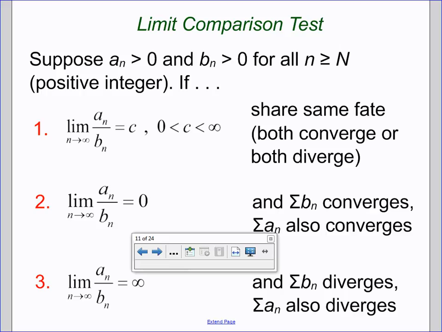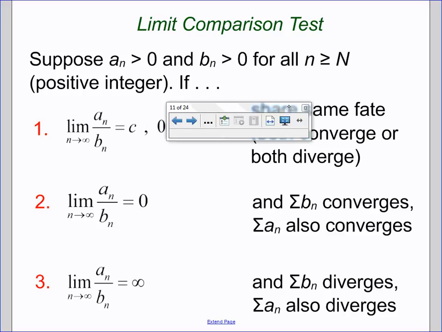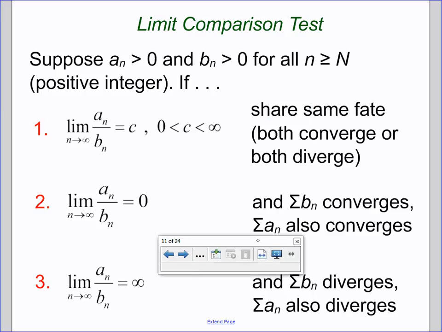If the integral diverges, then the series diverges. And if the integral converges, then the series converges. If the limit gives us 0, and that bottom one converges, then we know the top one converges as well. Versus if the limit gives us infinity and that bottom one diverges, then we know the top one diverges as well. Really, we're talking about them sharing the same fate here.